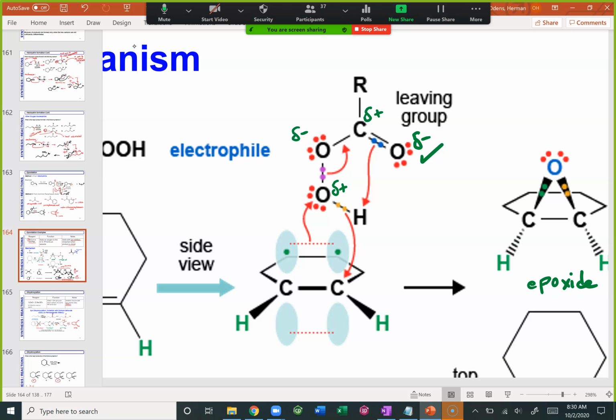So that's partially negative. We're going to make a battery: partially negative, partially plus. If this is partially plus, this next oxygen should be partially negative. Then finally, this oxygen here should be partially plus. So you go minus, plus, like that.